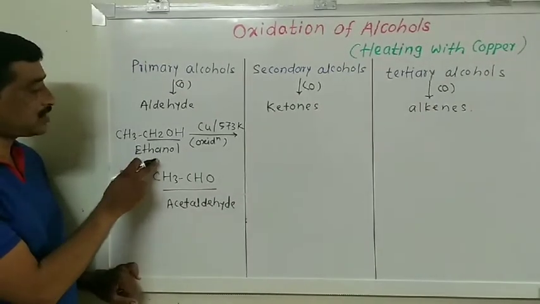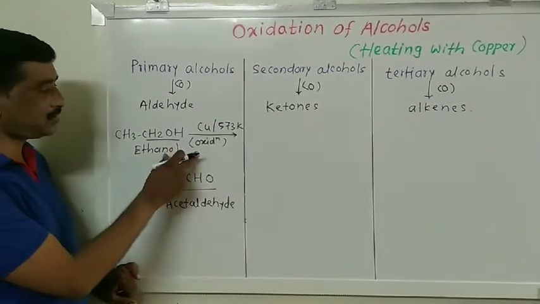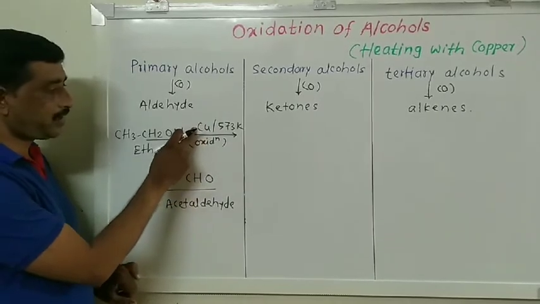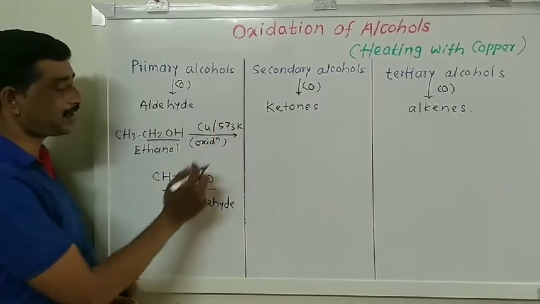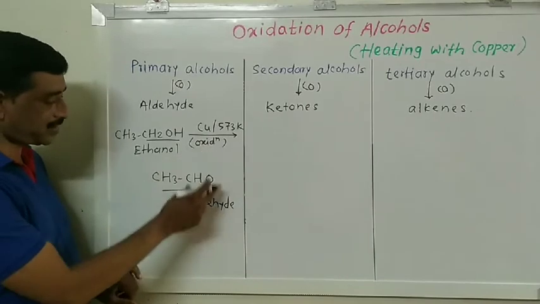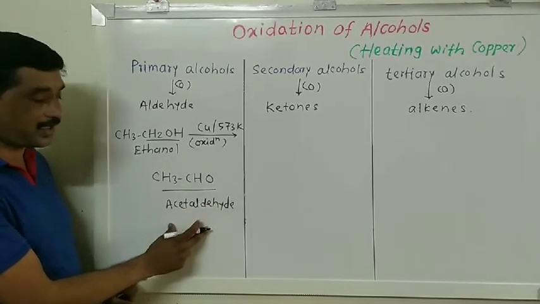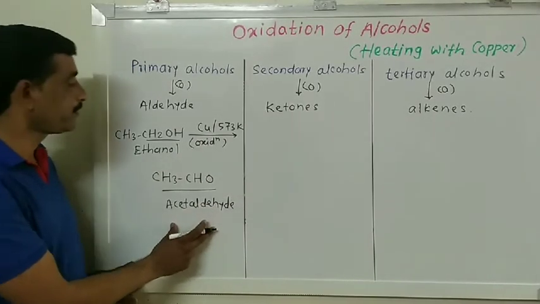Thus a primary alcohol such as ethanol, passed over heated copper at 573 Kelvin, undergoes oxidation and gives the corresponding aldehyde, that is acetaldehyde.